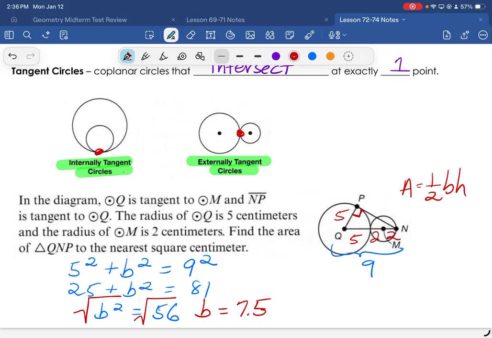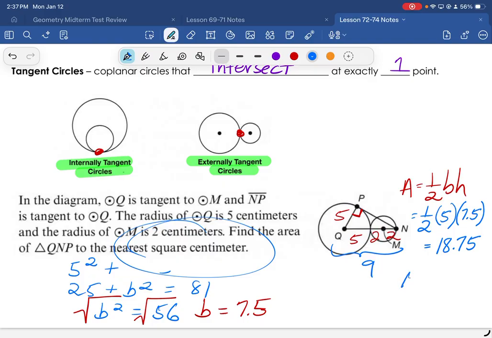Yes. Now we come over here where y'all told me the area is 1/2 base, which is 5, times height, which is 7.5. Punch that into my calculator, and I get 18.75, which rounded to the nearest square centimeter is 19 centimeters squared.